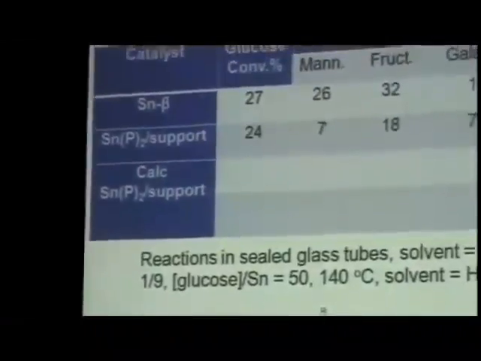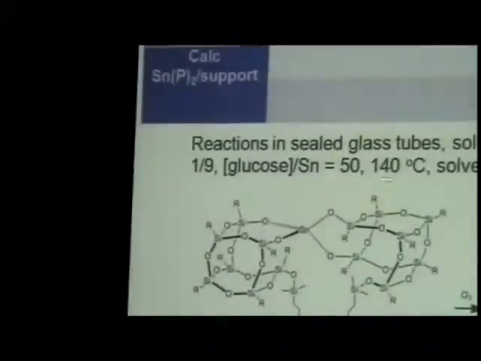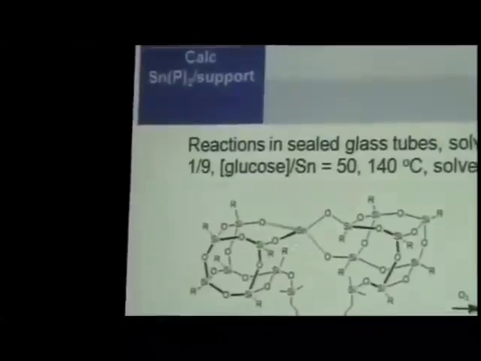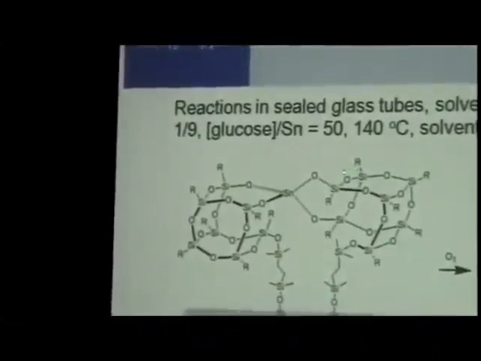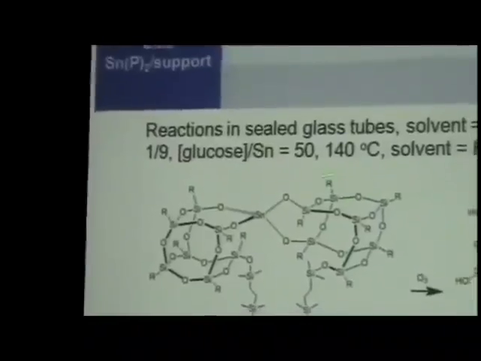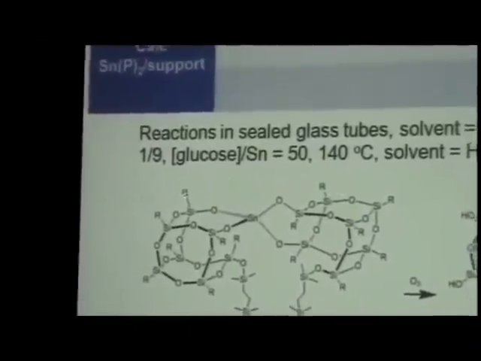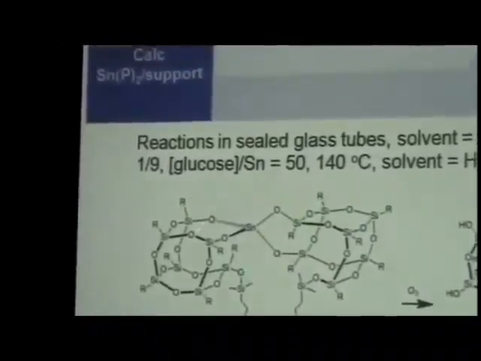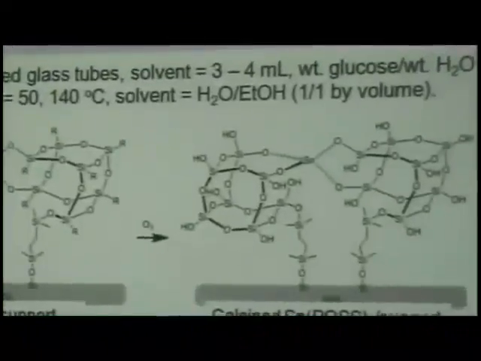Now to show that this crowding protects the tin from forming humins, what we can do is burn off those hydrocarbons. By burning them off, this becomes cyanide, so that the steric crowding becomes a lot less. We expect that it's much easier for polymers to form, which is the humins.